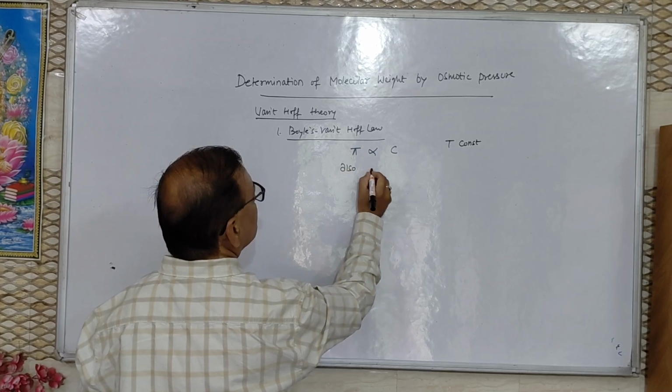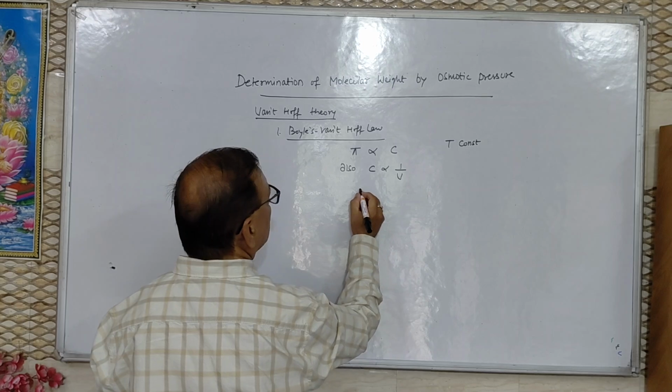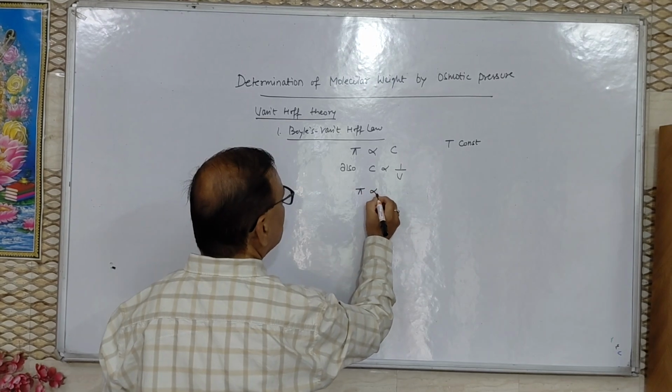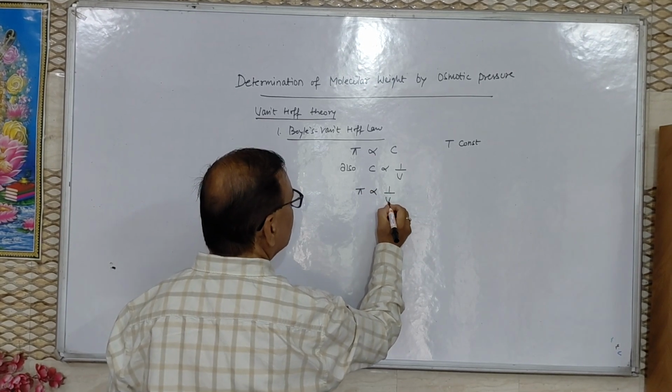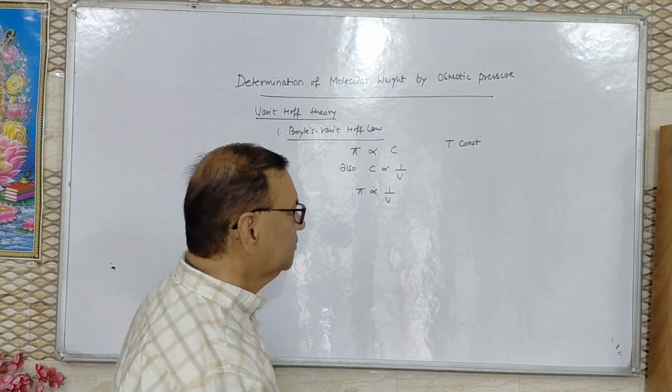Also, concentration and volume are inversely proportional. So therefore, osmotic pressure is inversely proportional to the volume.